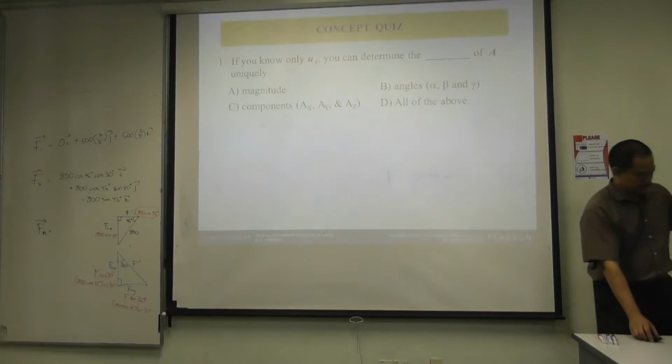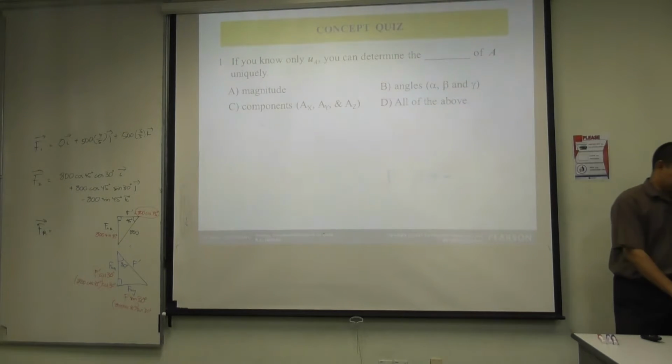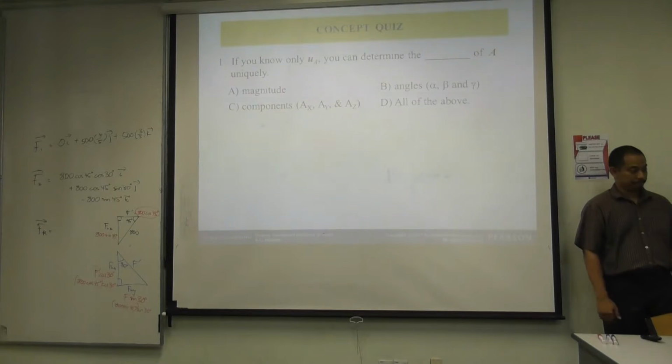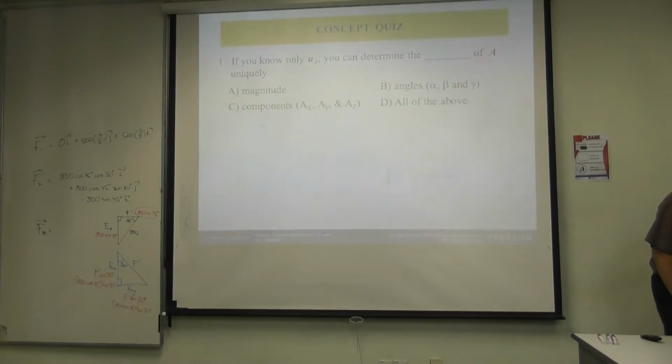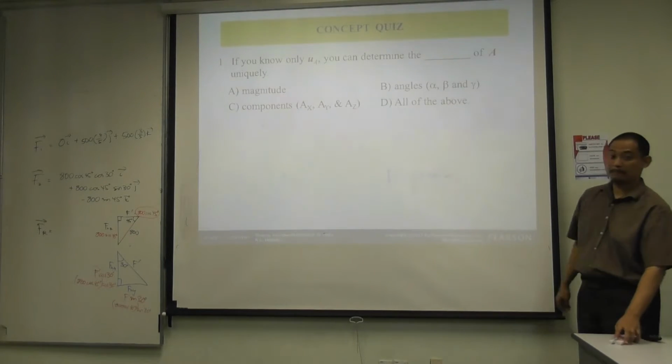Concept quiz. This is to see whether you actually capture the concept. If you know only uA, you can determine the what of the vector A uniquely? A, B, C, or D. How many of you say A?